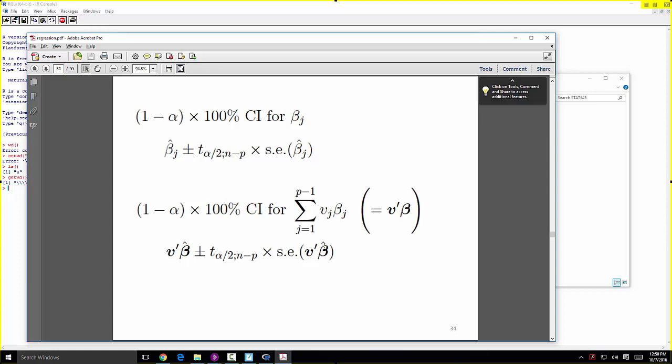We also saw that if we wanted a confidence interval for some linear combination of the betas, like beta 1 minus beta 4 or something like that, we can do that in the same way, estimate the parameter that you're trying to do inference on, and go out plus or minus an appropriate number of standard deviations of that estimate. I'm going to show you an example of what this looks like today.